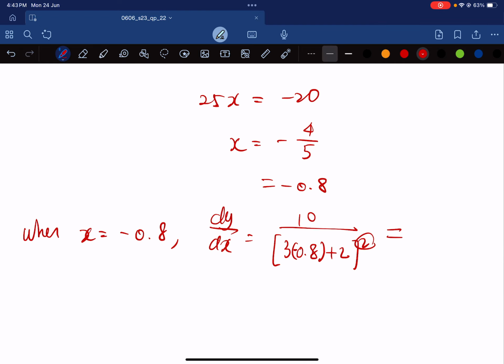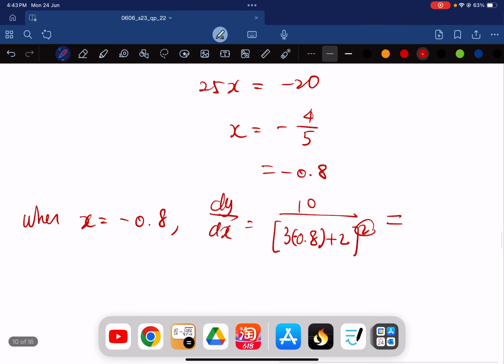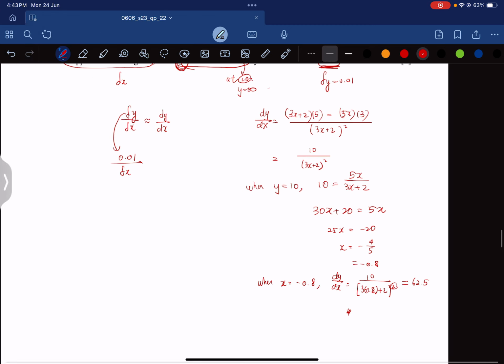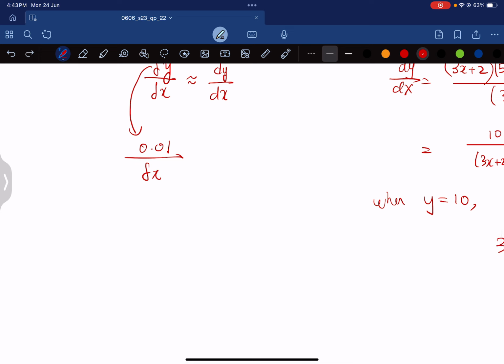Negative 0.4 to the power of 2 is 0.16. 10 divided by 0.16 is 62.5, so dy/dx is 62.5.